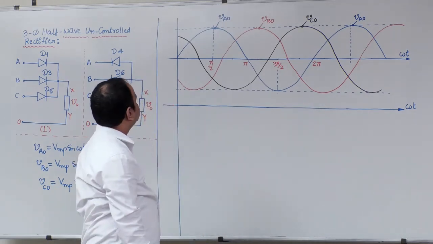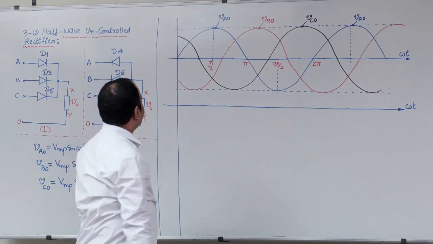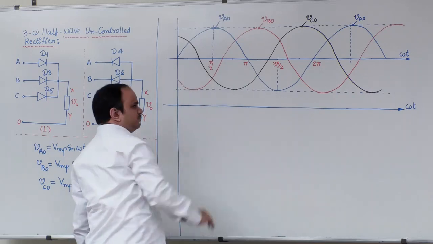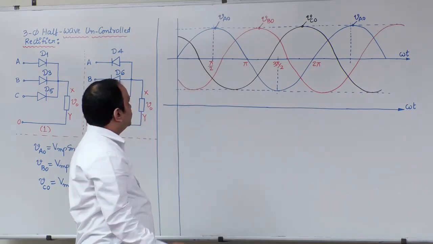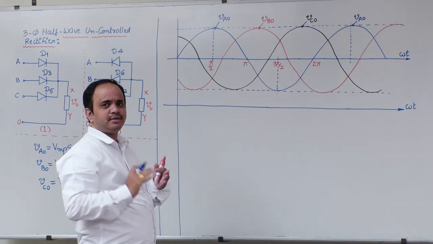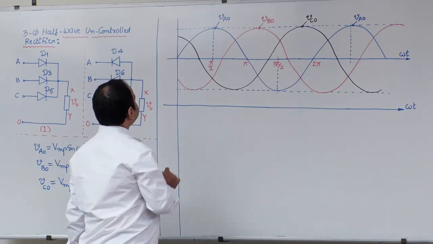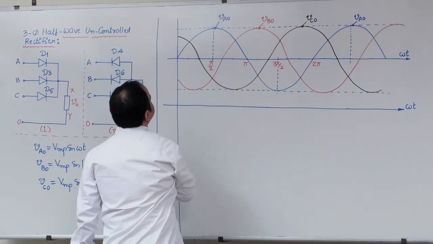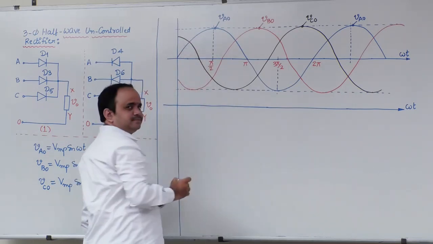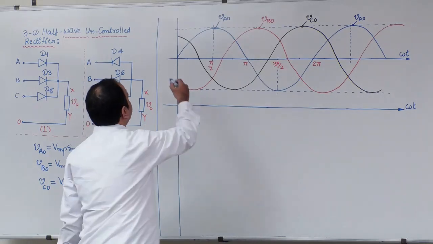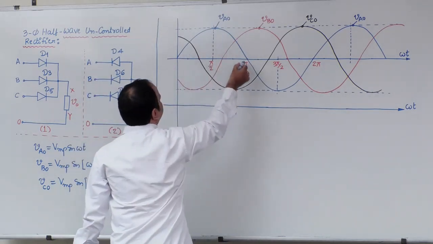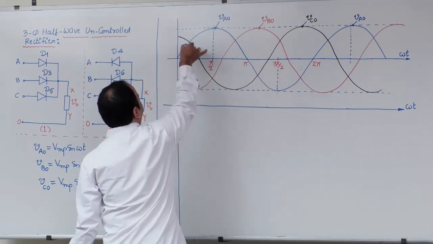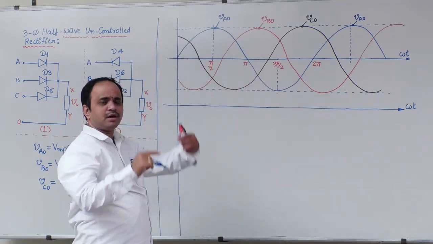Okay, next. The first observation is at omega t is equal to 30 degree. Follow carefully. You need to draw the waveforms with your hand, then only you will understand the concept. At omega t equal to 30 degree, in the positive side, upper half, VAO blue sinusoidal and VCO black sinusoidal are crossing each other.